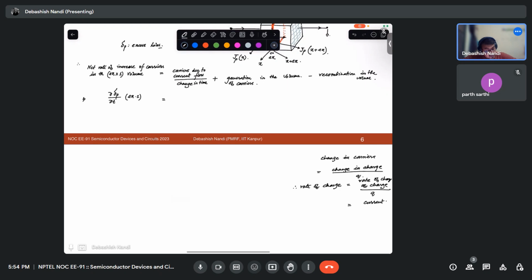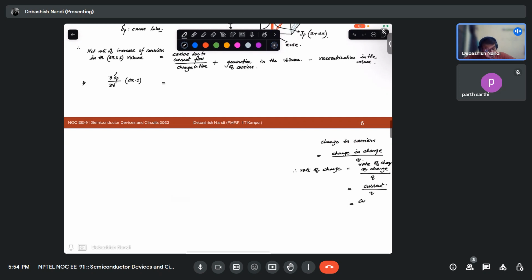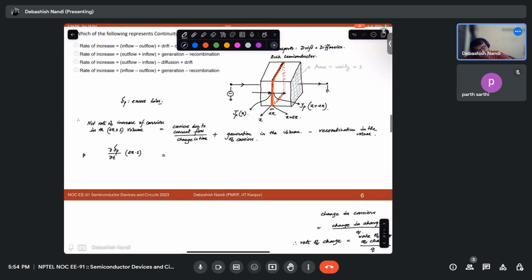Current by Q. If you have unit area, then current is becoming current density over Q.